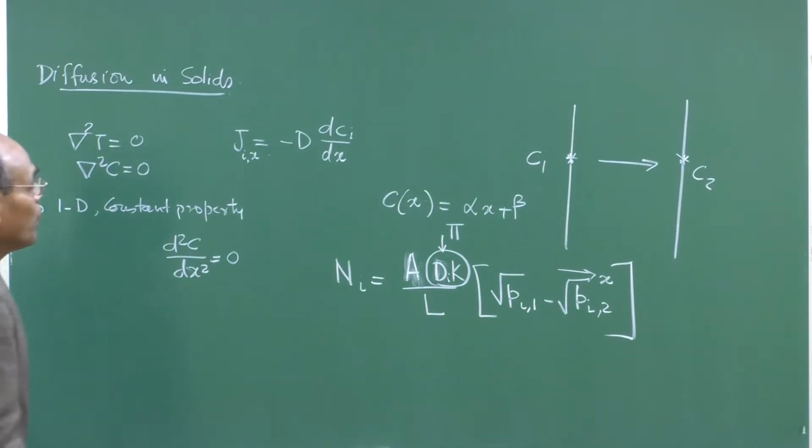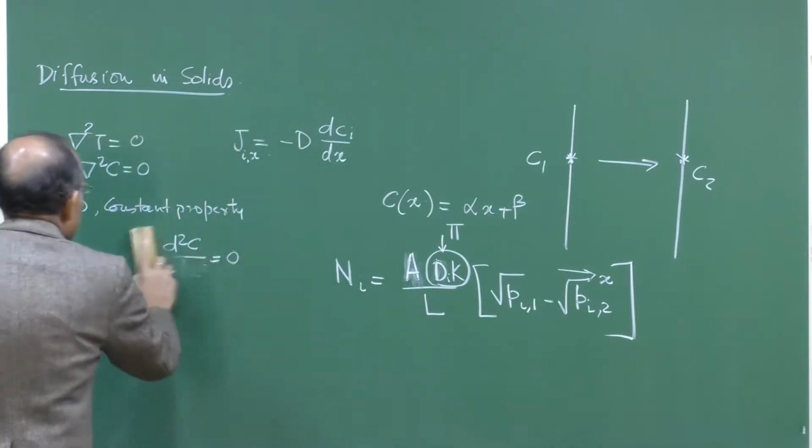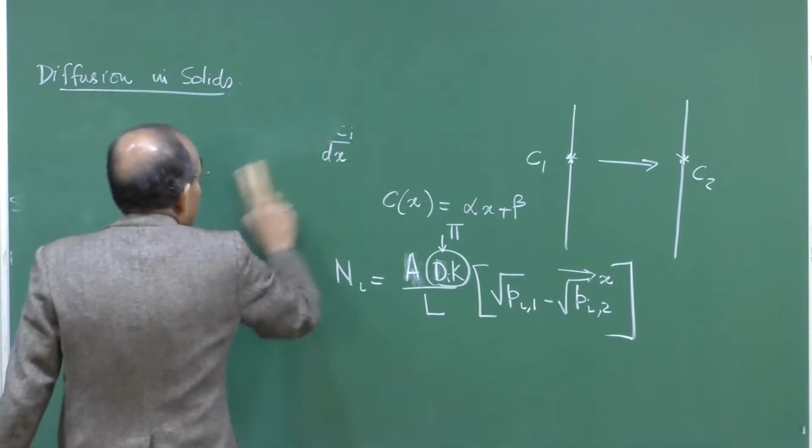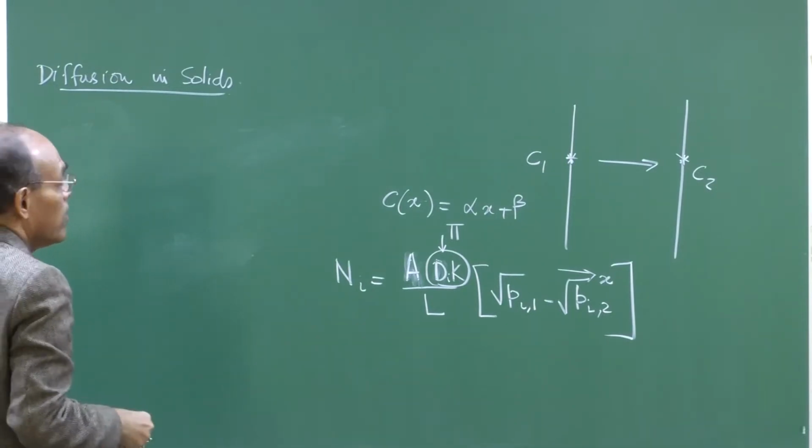So, now we can very easily write down the value here, and in this particular case, if you substitute the value, let us convert the Sievert's law constant.